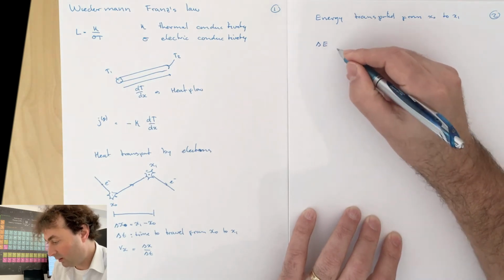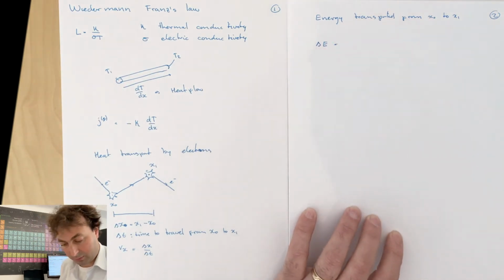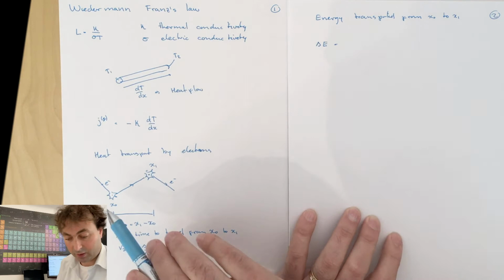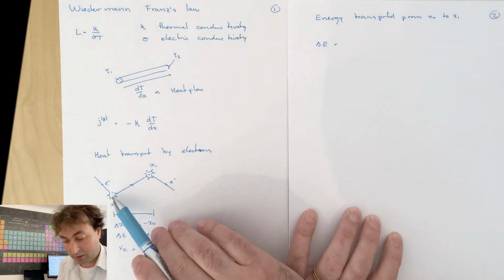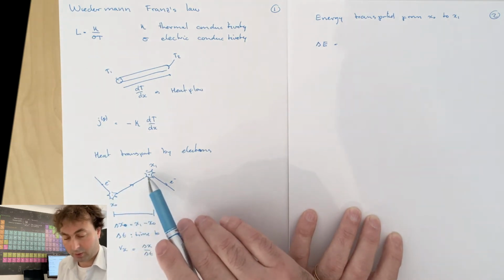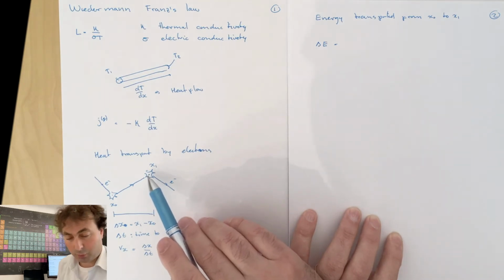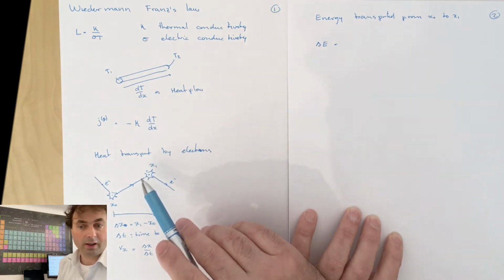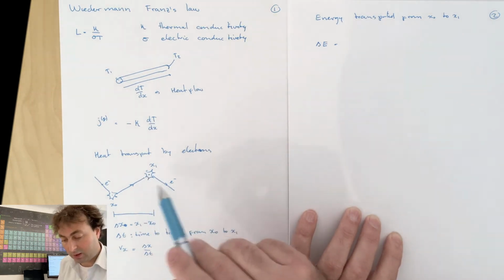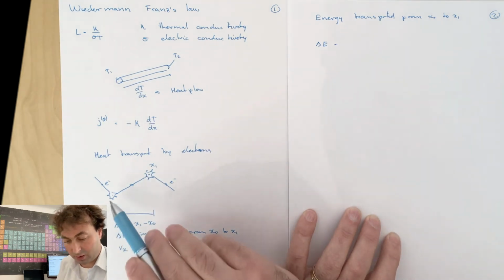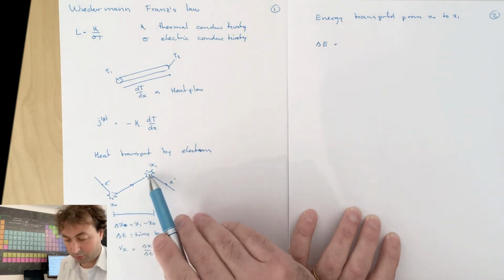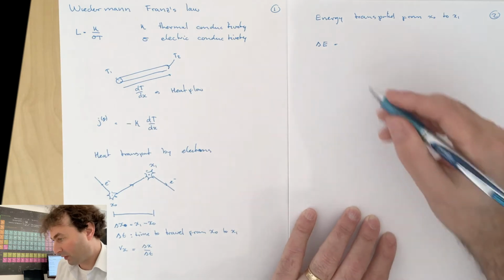And delta E is given by the kinetic energy of the electron that we have at point x0, then it travels to x1. At this point it scatters and therefore its kinetic energy is changed, and the difference in these two kinetic energies is the amount of energy that we transport from this point to that point.